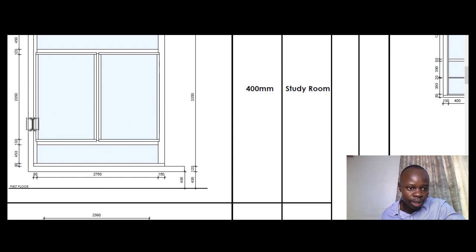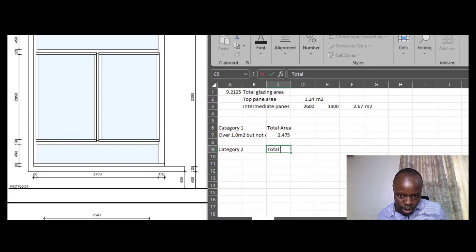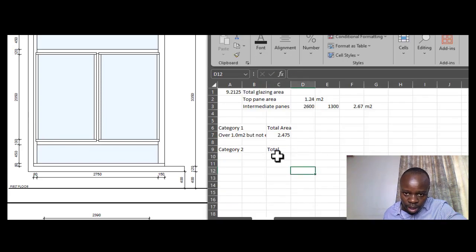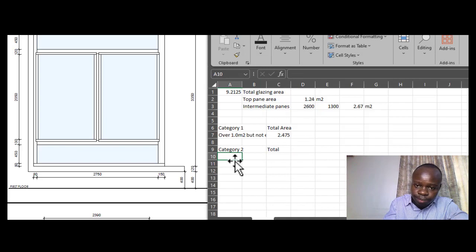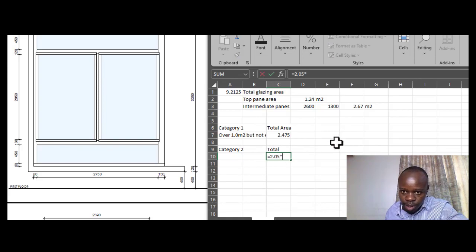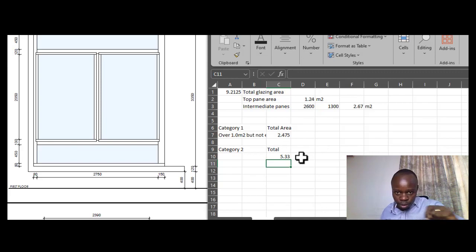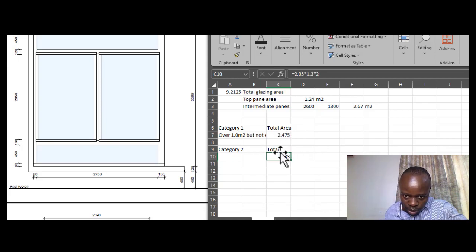So for the intermediate panes, let's see the sizes. One is 2.05, and in terms of the width it was 1.3. Okay, then there are 2 number. So the total area for this other category is 5.33 square meters.